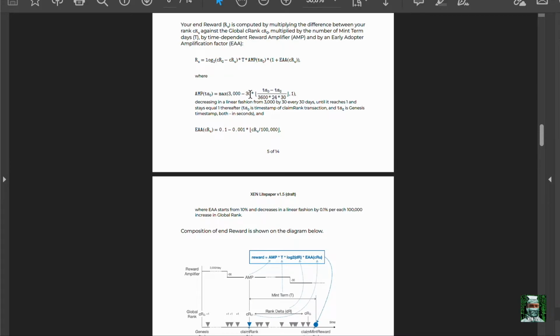It basically means that if you put in the numbers here, then for every 30 days it's going to be 3,000 minus 30. So after 1 month the AMP is going to be 3,000 minus 30, so that's 2,970, right? After 60 days it's going to be 30 times 2, so then it's going to be 3,000 minus 60, that's 2,940, and so on, all the way down to 1.